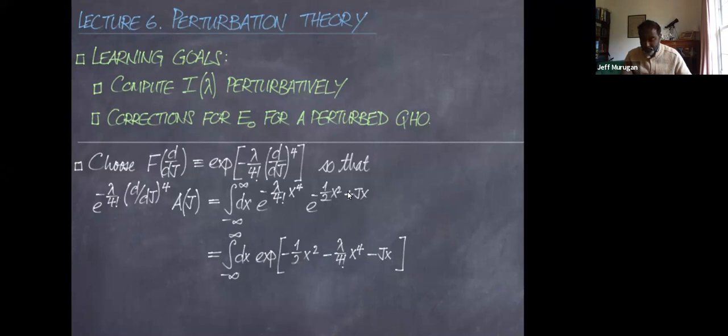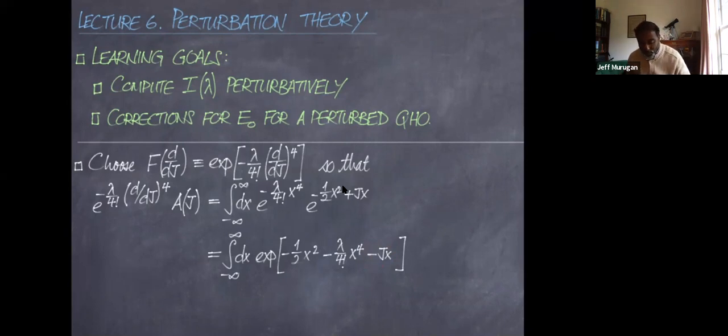That looks pretty much like the integral we want, except for this factor of j here. But if I just set j equal to 0, then it is the integral that I want on the right-hand side. On the left-hand side, I have e to the minus lambda over 4 factorial d by dj to the 4 acting on A of j.